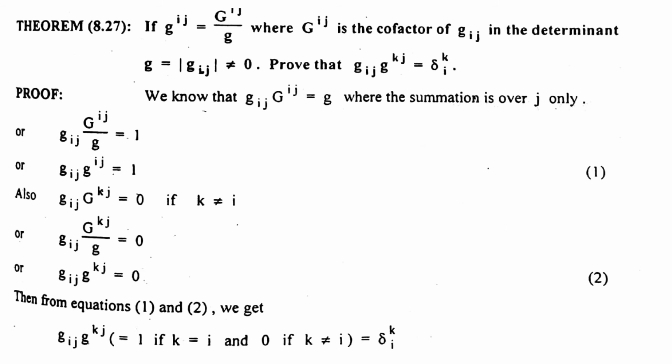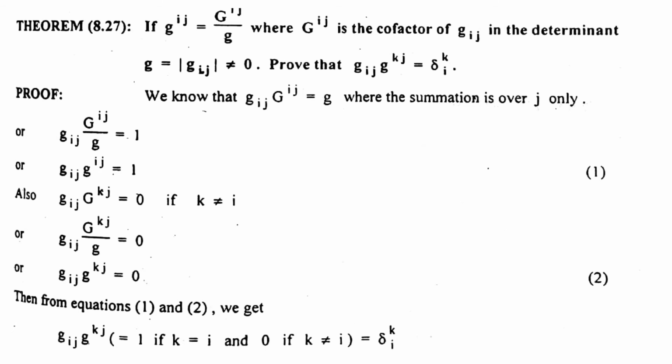from the statement of the theorem, g^ij is equal to capital G_ij over g. So here in the question, in equation 2, we have g^ij G_kj over g, so this G_kj over g becomes small g_kj inverse.